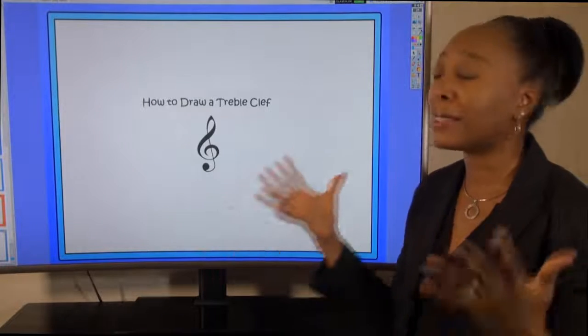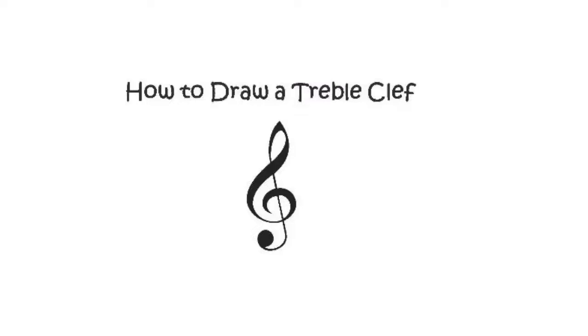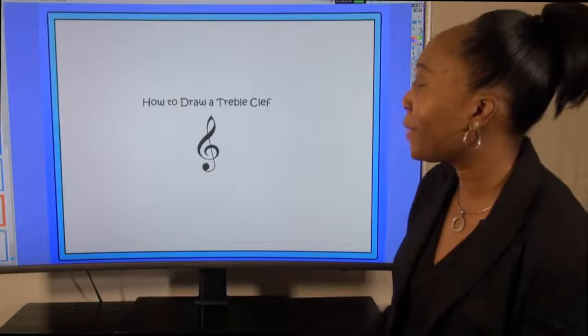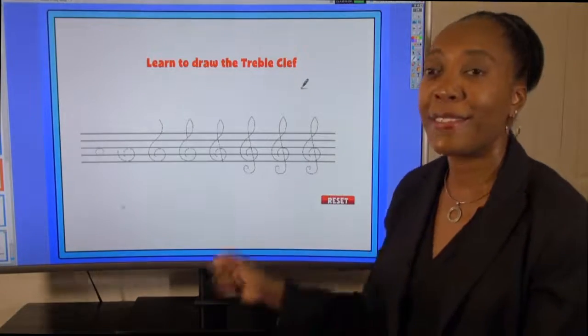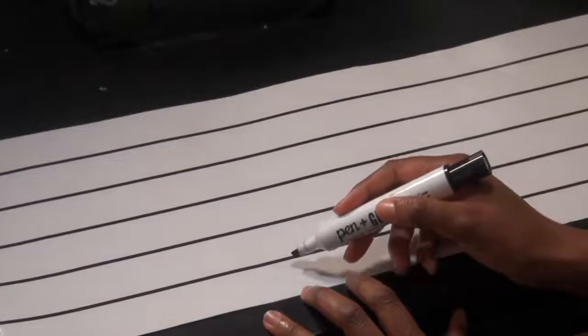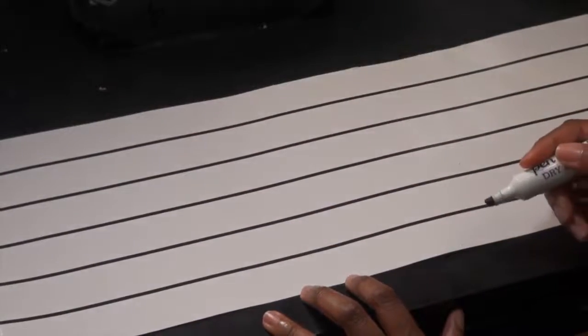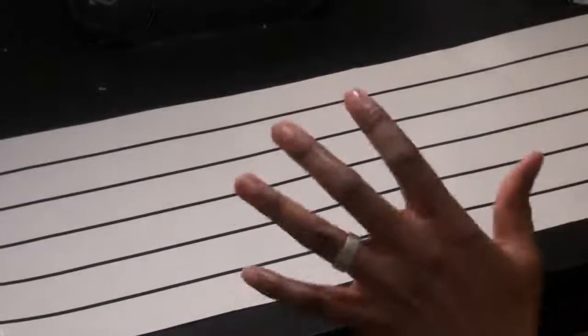Let's learn how to draw the G clef, also known as what? That's right, the treble clef. So we're going to practice drawing our treble clef right now. We have our music staff here. Remember, we count from the bottom up in lesson number 1. And now we're going to work on drawing the treble clef.